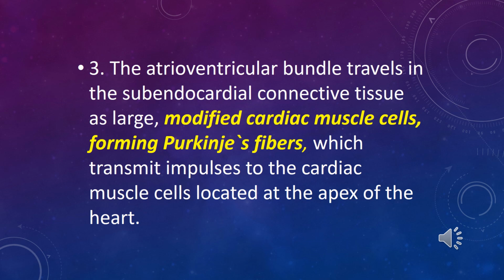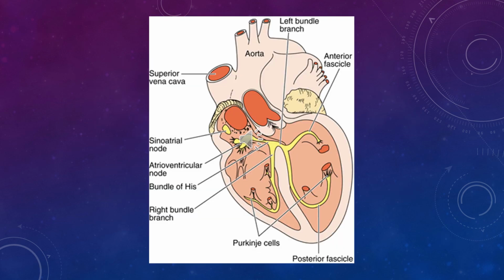Purkinje fibers are composed of 2 or 3 layers of cells. The position of Purkinje fiber cells histologically is between the endocardium and myocardium. Students, there is a very good scheme in your textbook.